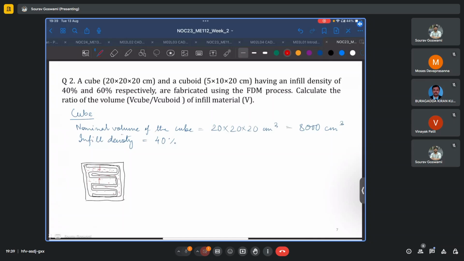Now that we know that the infill density is only 40%, we know that only 40% of the nominal volume is actually built with the build material. The rest of it exists simply in the form of voids or gaps.